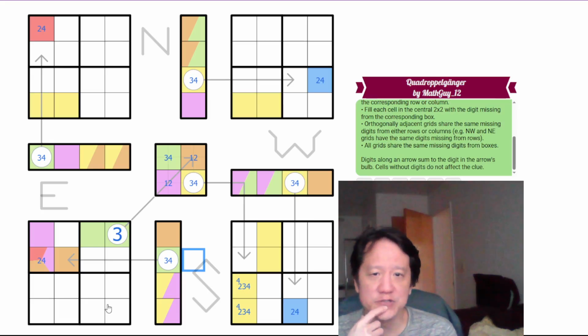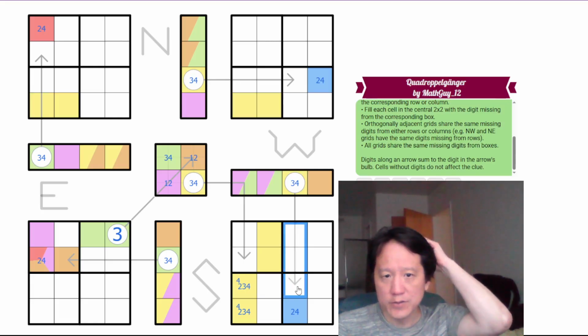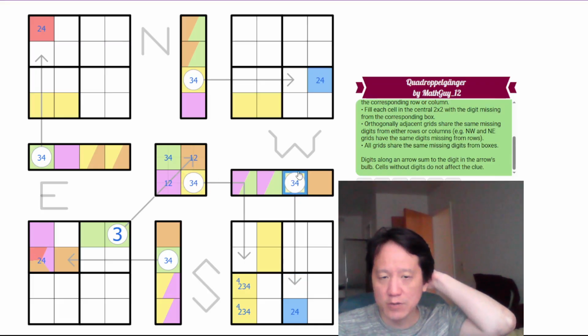We also have zeros too. So 0 on this line cannot be here because it would be missing the same digit in the row and in the column and the box.